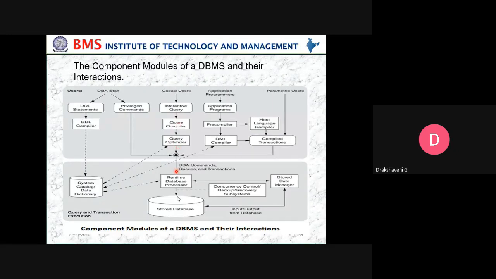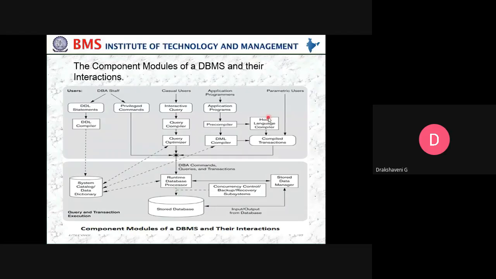Along with that, we use a runtime database processor, then the stored database, concurrency control, backup, recovery, and subsystem, and the stored data manager. That's what the stored data manager is. Then the application programmer, application program precompiler, and the data manipulation language. Then the host language compiler, and compiled transaction.